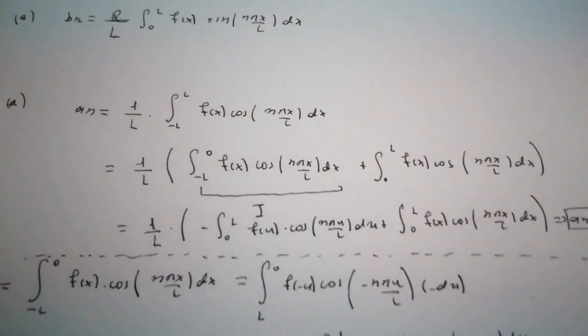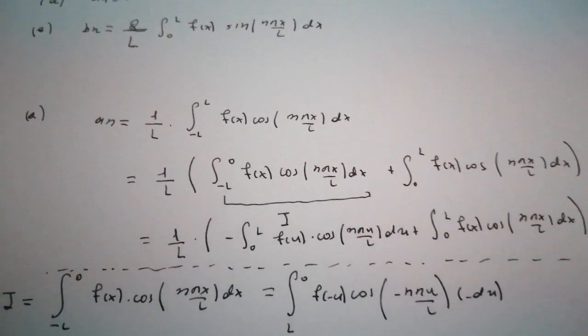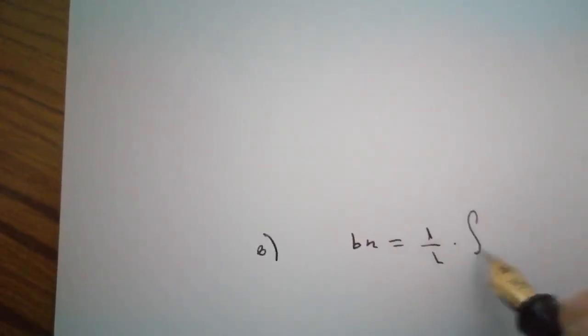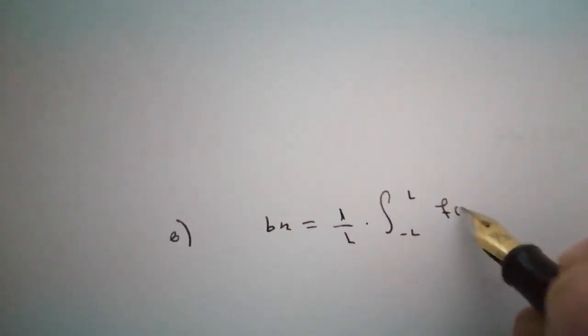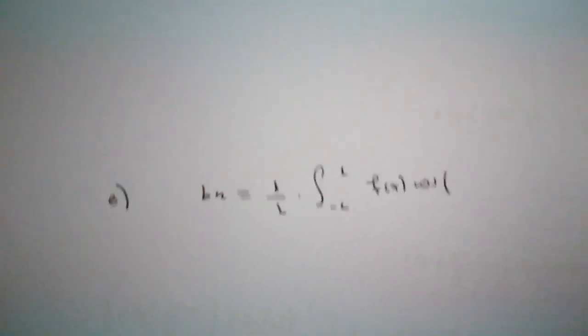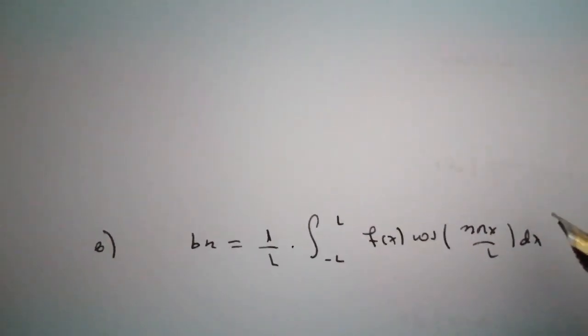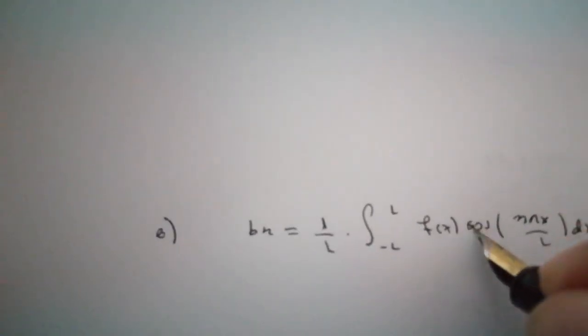Now let's derive the formula for the coefficients bn. Sorry, here it's sine, not cos, sine.